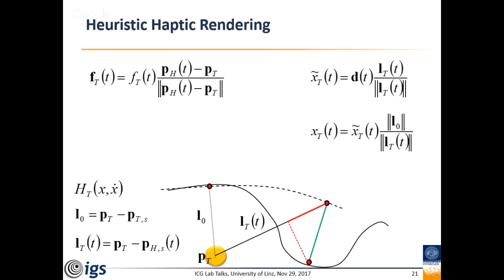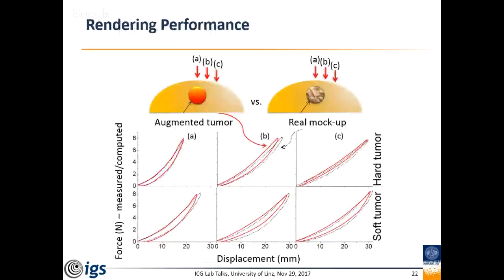So the further away we go, the weight reduces this x. And this weighted x we plug into our heuristic model, and this gives us the force magnitude of the force vector that we exert on this tumor component. It is very heuristic, but for these very simple geometries, simple material, it works reasonably well.